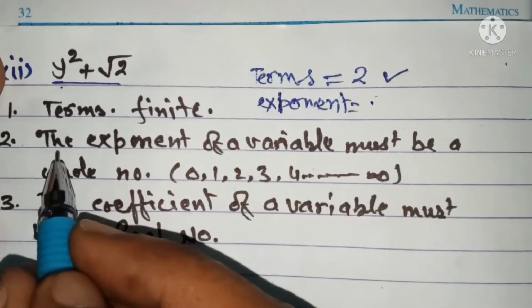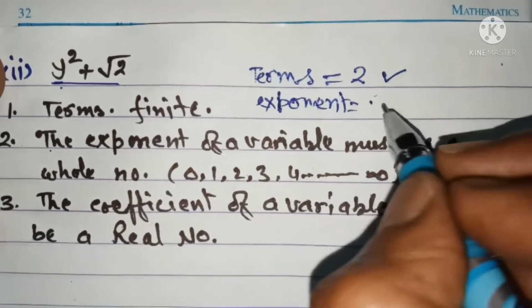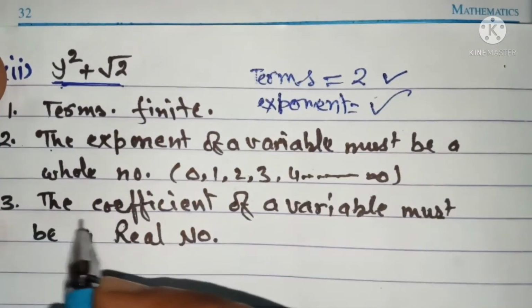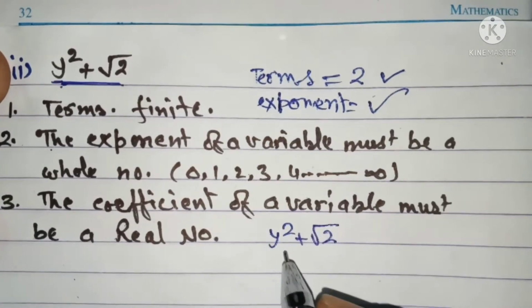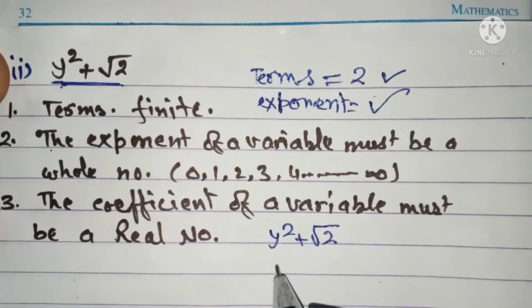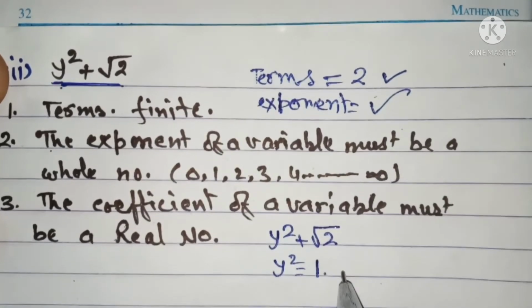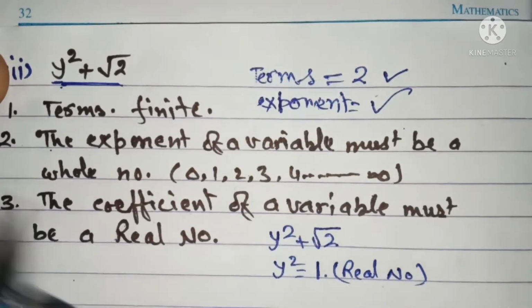The characteristic which states the exponent of a variable must be a whole number is also fulfilled by this expression. Number third, the coefficient of a variable must be a real number. Here the expression is y square plus root 2 and the coefficient of variable y square is 1, which is a real number. So all the three conditions are fulfilled by this expression. So the expression is a polynomial.